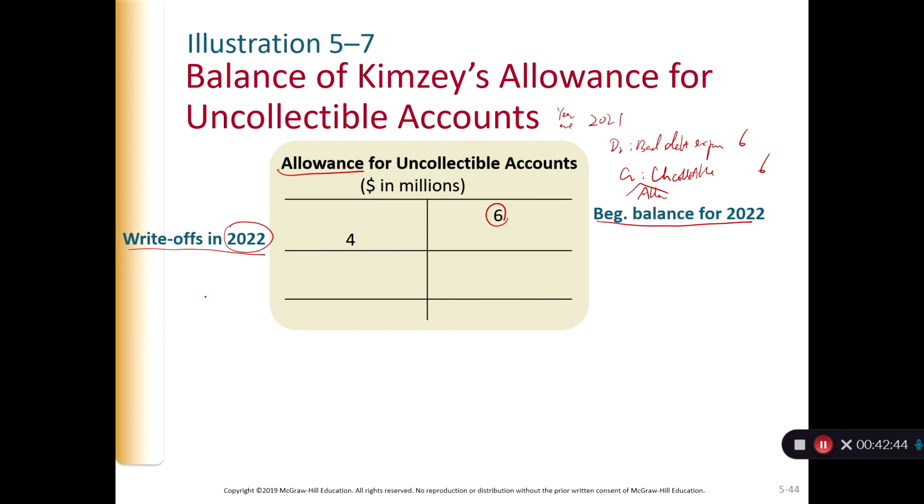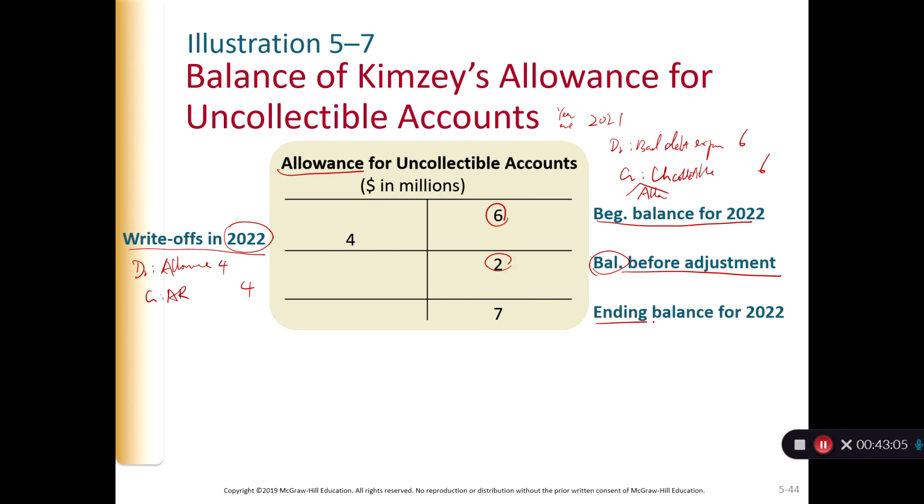Then we write off, meaning we find out our actual uncollectible is 4 million, so we debit the allowance account and credit accounts receivable by 4 million. So the balance before adjustment for this allowance account should be 2 million, right?